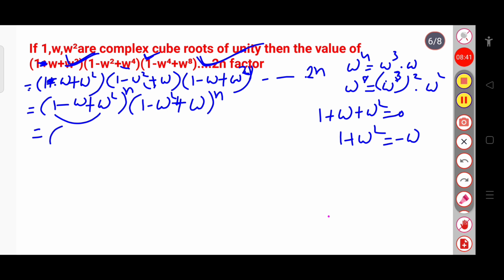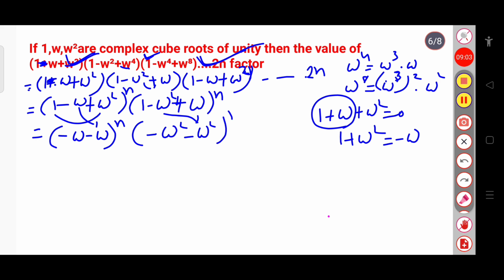So, I can write minus omega, power n, and similarly here for 1 plus omega, I can write minus omega square. So, this will be minus omega square whole power n. So, this will be equal to minus omega whole power n, and minus omega square whole power n.